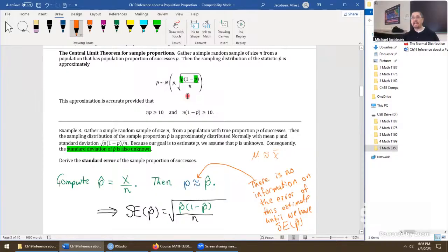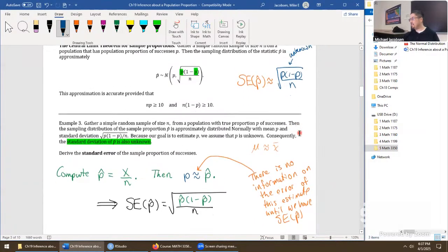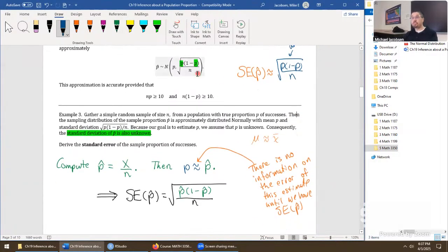And all the standard error p hat was doing is the following. Standard error p hat is approximately equal to square root p 1 minus p divided by n, where this thing is totally unknown. So we can approximate this with a known value and work from there. Well, any questions so far, folks, with the standard error portion?